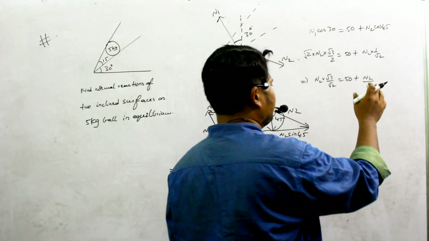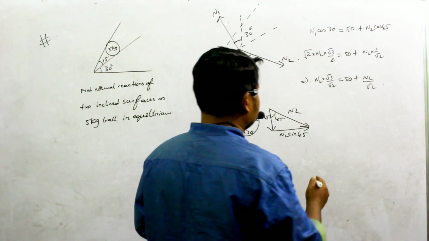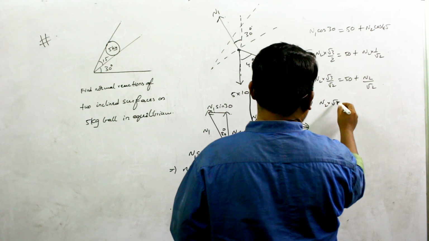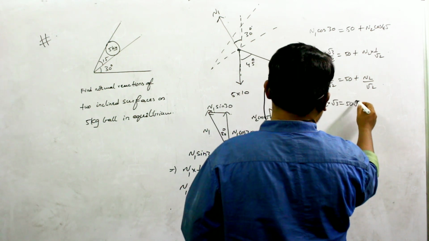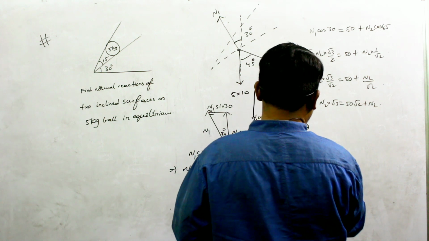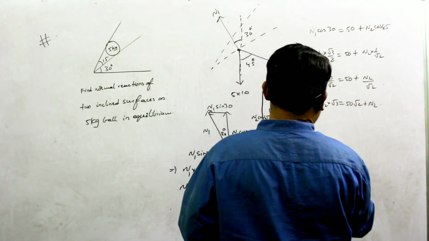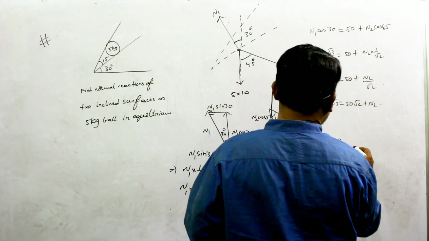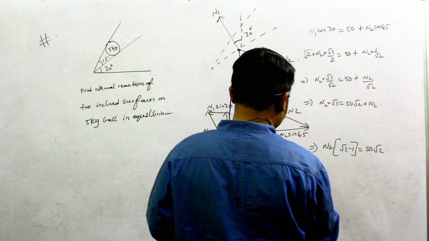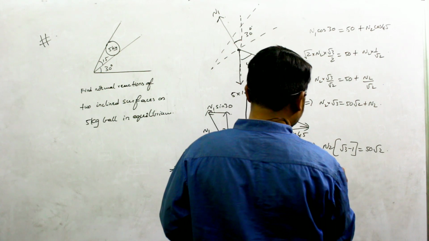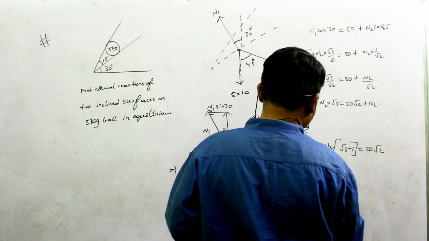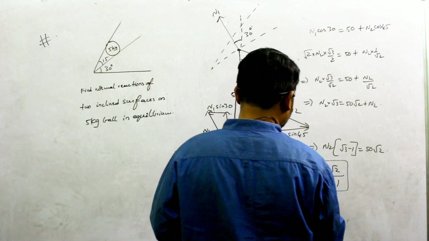If I multiply every term by root 2, I get N2 into root 3 equals 50 root 2 plus N2. Taking N2 common, N2 into root 3 minus 1 equals 50 root 2. Therefore N2 equals 50 root 2 divided by root 3 minus 1. This is my answer for N2.